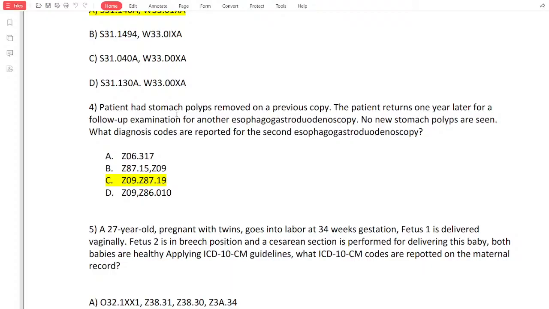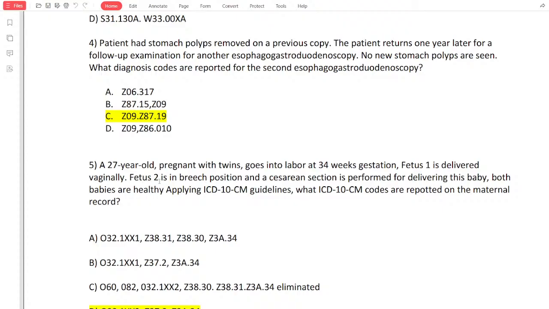No new stomach polyps are seen. What diagnosis codes are reported for the second esophagogastroduodenoscopy? Is it Z09, comma, Z87.19? Okay, it's not a full stop, it's a comma, just a mistake.